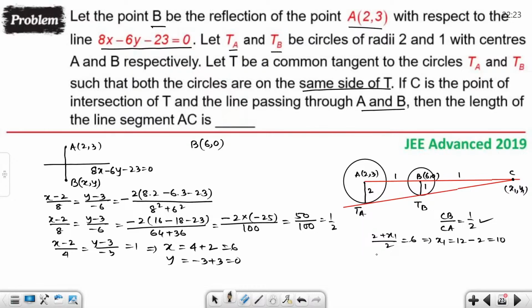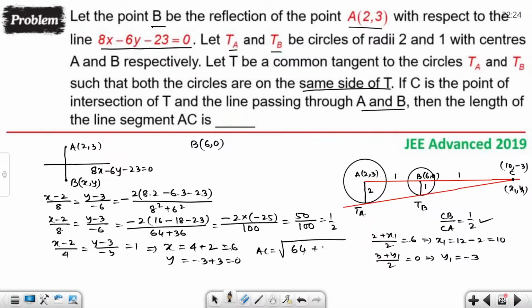And (3 plus y1) by 2 gives us 0, implies y1 is minus 3. Therefore, the coordinate of C is (10, minus 3). Am I correct? Now they have asked to find out the line segment AC, and the length of AC will be simply by using the distance formula we get. 10 minus 2 whole square, that is 8 square, which gives us 64. And 3 minus of minus 3, that gives us 6.